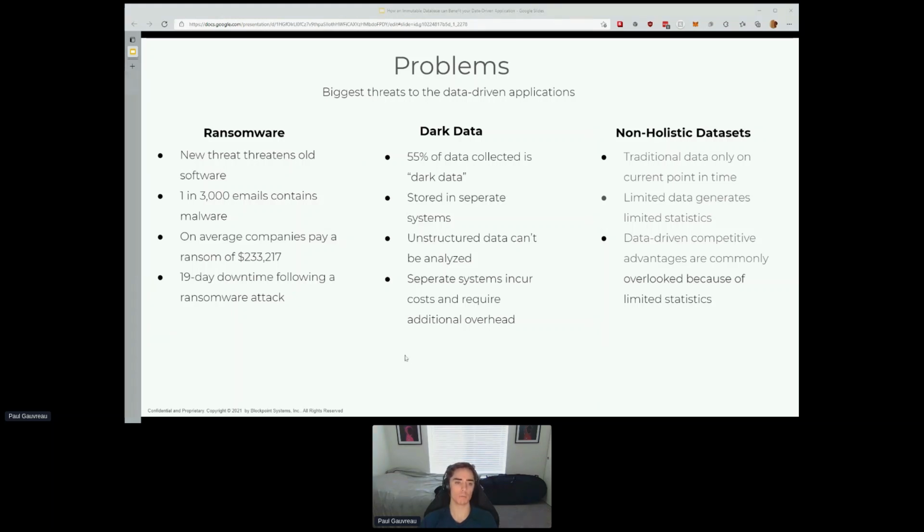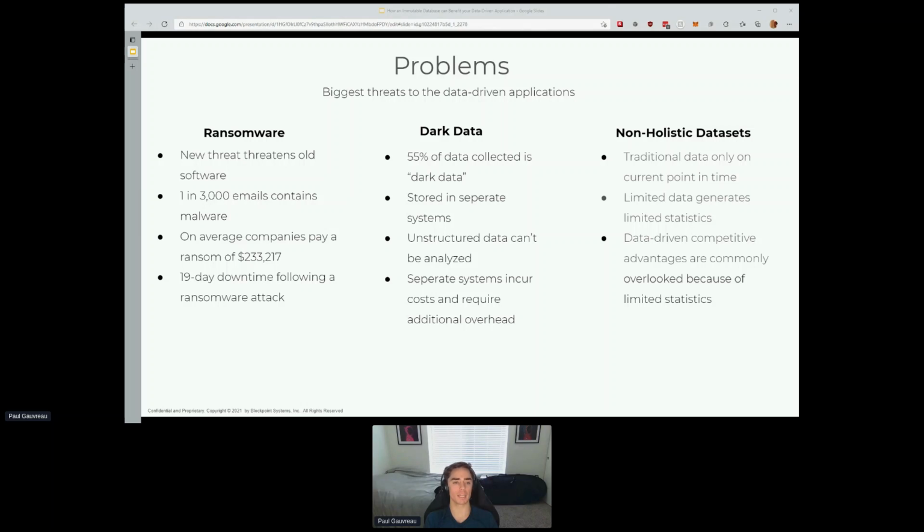So the first problem is ransomware. And I'm sure you guys are all familiar with this or have at least seen it on the news recently. But ransomware has spiked in the last year as things have moved more digital and is a massive problem, right? And with databases sitting behind almost all applications, they're a big target for ransomware attacks, whether it be to encrypt the database, to modify data in there, or to steal the data.